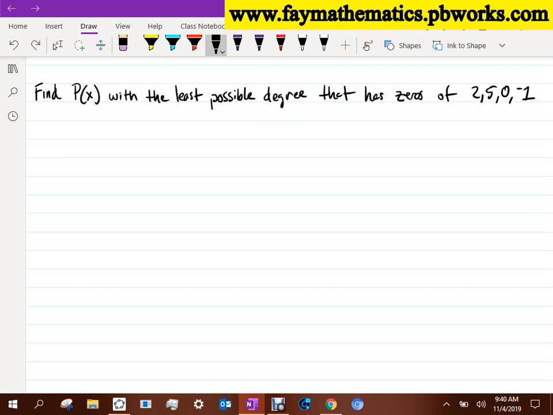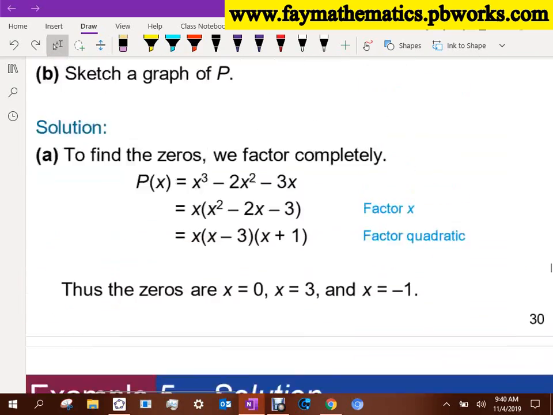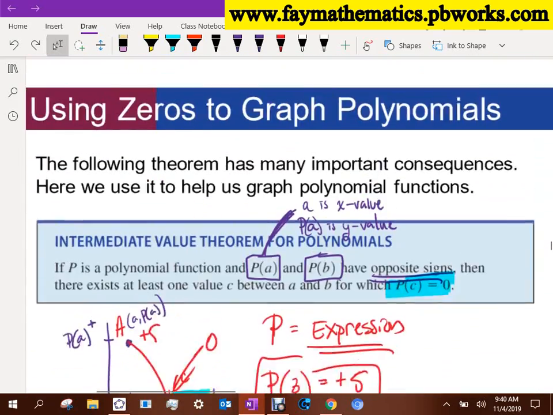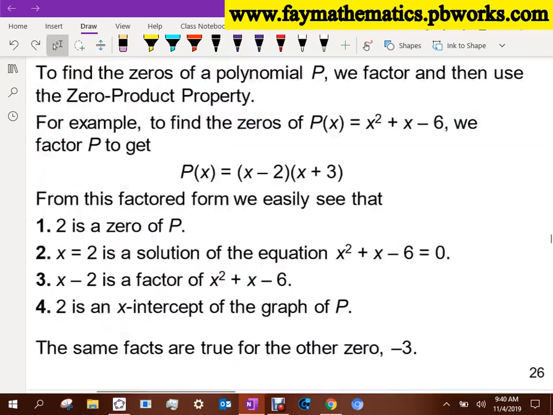So if those are zeros, and going back to that chart, this one right here: if C is a 0, then x minus C is a factor. That make sense? If C is a 0, x minus C is a factor.